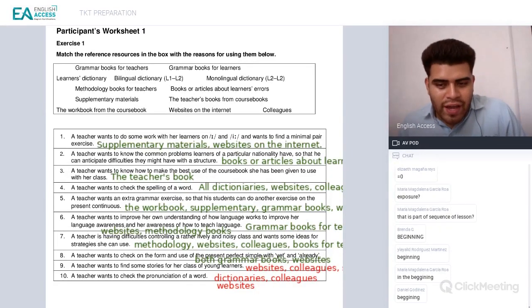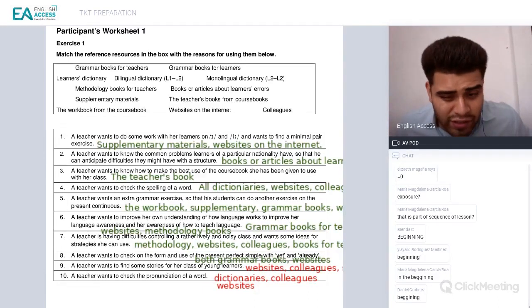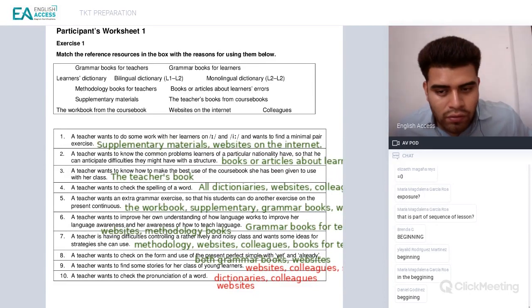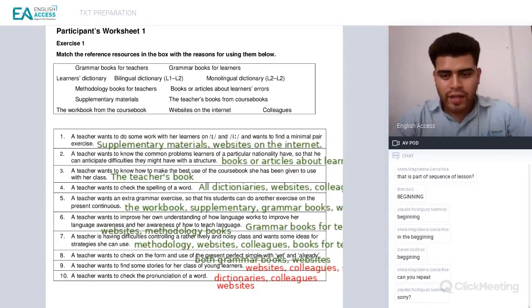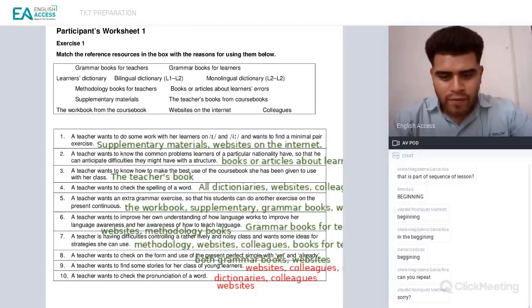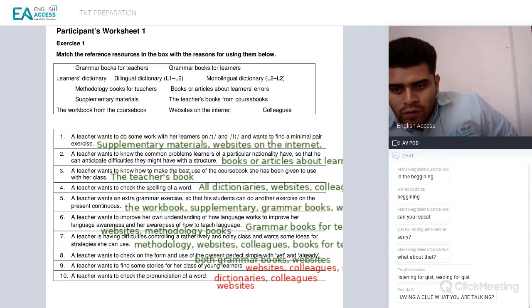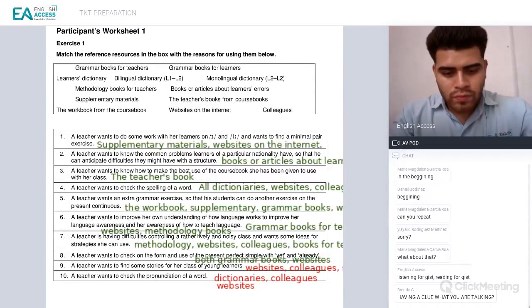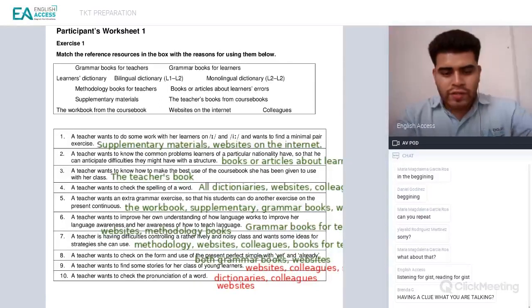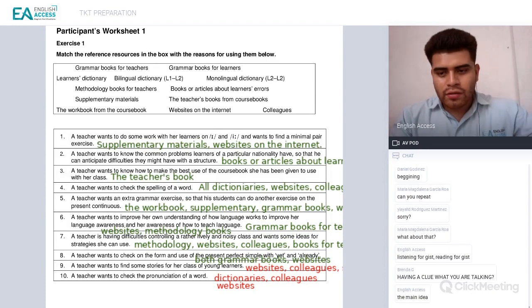Now, you all know what gist is, right? Listening for gist, reading for gist. We listen for the main idea.